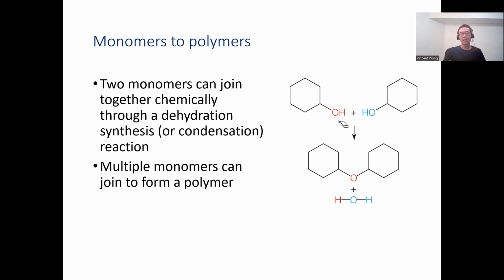So basically, you would take an H from one of the monomers, and then you would take an OH from the other one, and then you remove them. Once you remove them, you get a water molecule, and you are able to connect these two things together, and now we have a bond. So this is two monomers connected together.